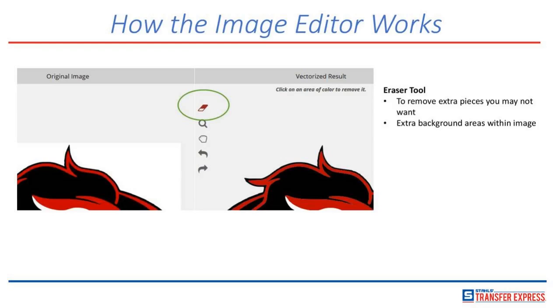Maybe it was a line of text. Maybe I actually had the word lions in this bitmap with my lion artwork. By using that eraser tool, I'd be able to click on the word lions and get rid of that as well. So another useful tool in the vectorizer to help you edit the design the way you want it, get it looking the way you want it to look.